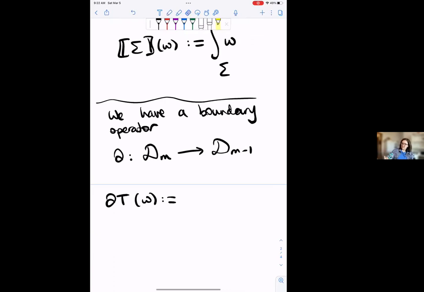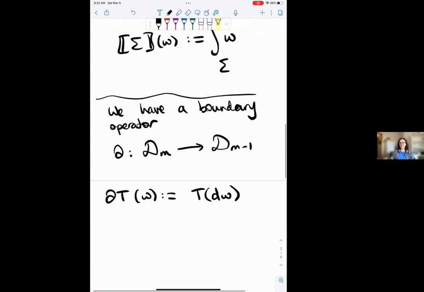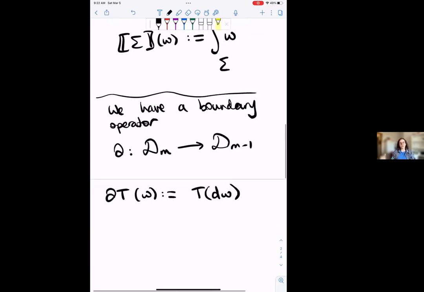As you'd expect, you apply T to the exterior derivative of your (m-1)-form. So once again, this is very natural. It naturally extends Stokes' theorem.